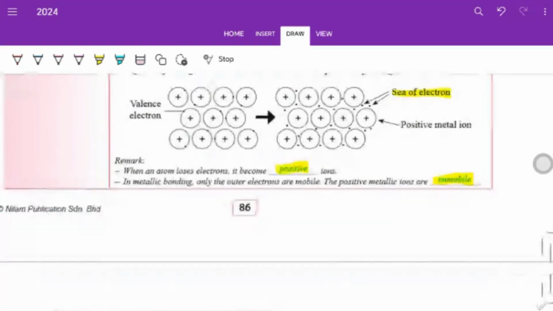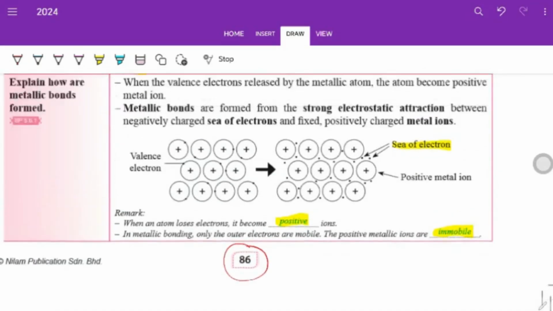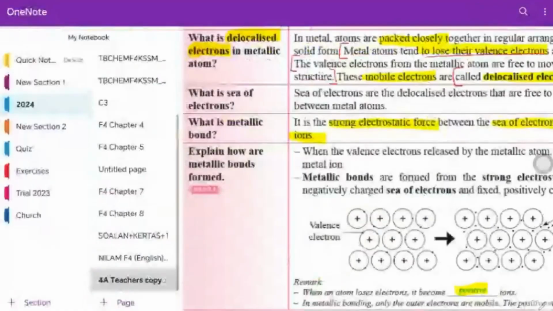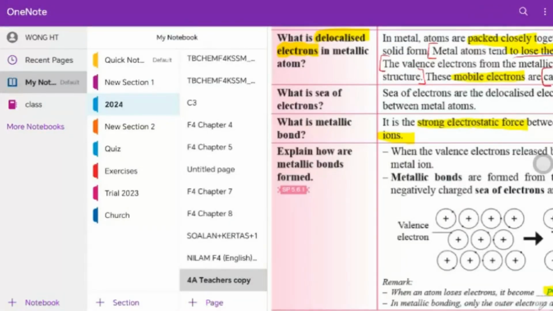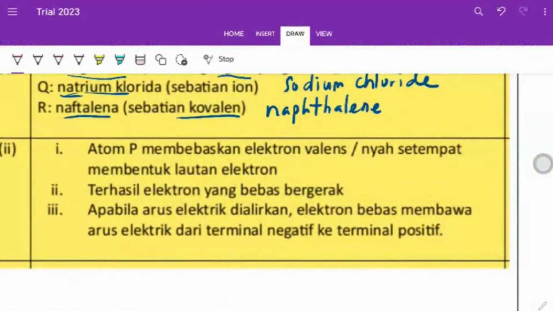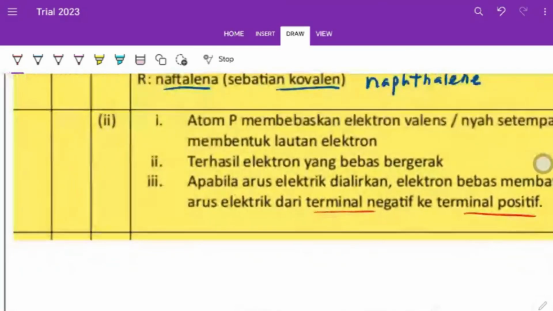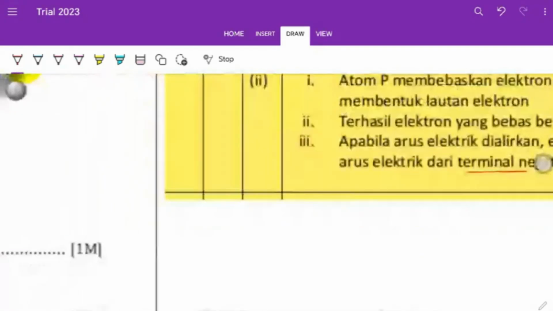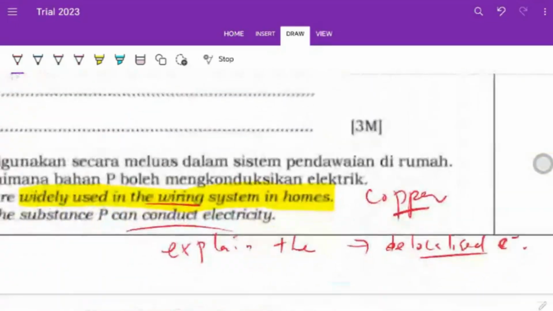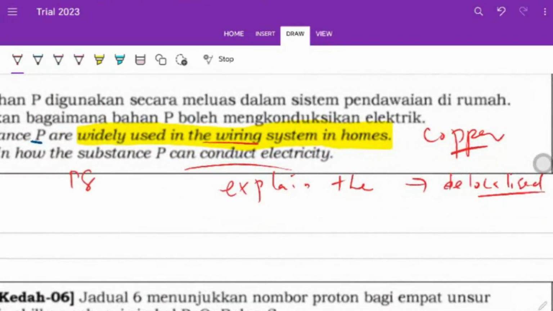This is page 86. Semua boleh salin dari sana. You can copy from there.